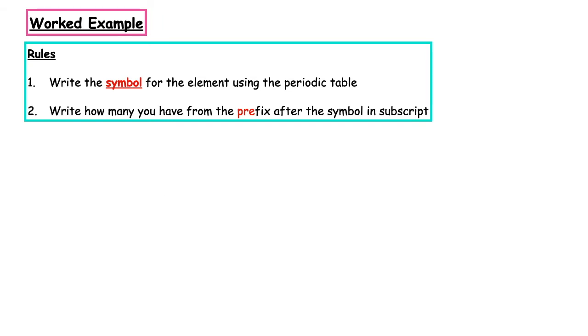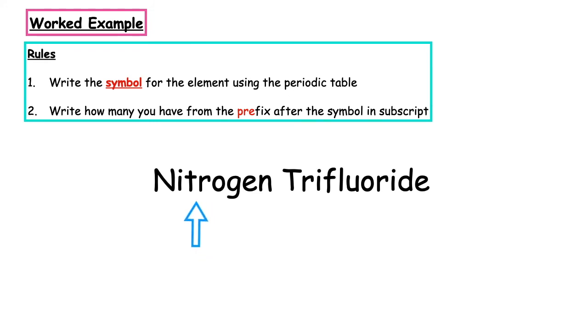This next example is nitrogen trifluoride. There is no prefix in front of the word nitrogen, so we look up the symbol, which is N, and we assume that we have 1, but we don't write ones, so we don't write any number after the symbol. Trifluoride, fluoride, remember if it ends in ide, we've only got 2 elements, the first element being nitrogen, so the second element must be fluorine.